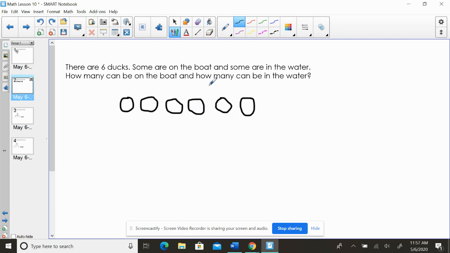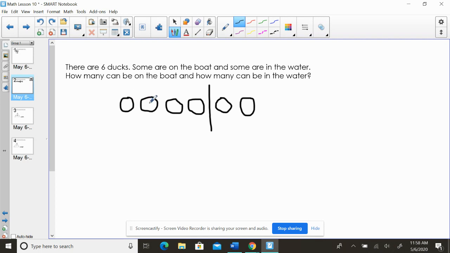I'm going to draw my line right here. Now we have to count how many ducks are on each side of the line, and that's going to show us how many can be on the boat and how many can be in the water.